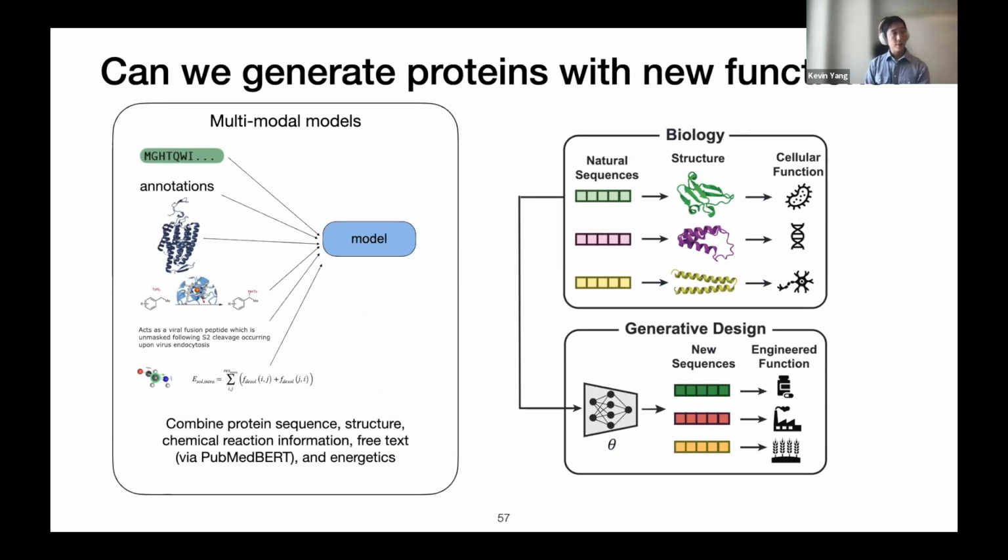That means using different kinds of data like structures, annotations, and chemistry in the future. We think of natural biological sequences as giving you structure, and then they do cellular functions. But we really want to use neural networks to generate new sequences that do engineered functions that people care about.